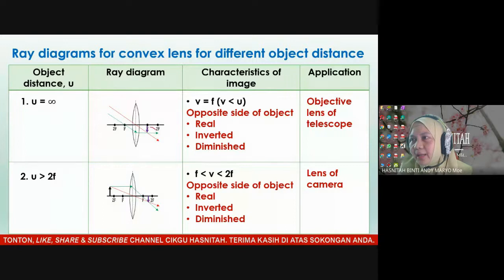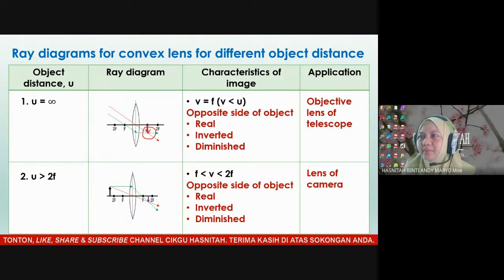This is the intersecting point between these 2 lines, so this is where the image will form. We draw our image from the principal axis to the intersecting point, so you will find the image is inverted.